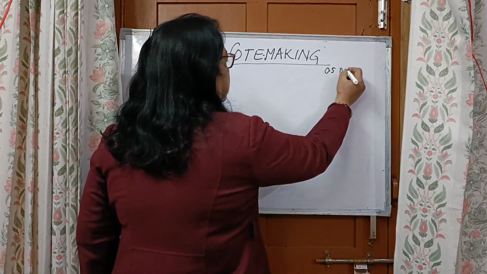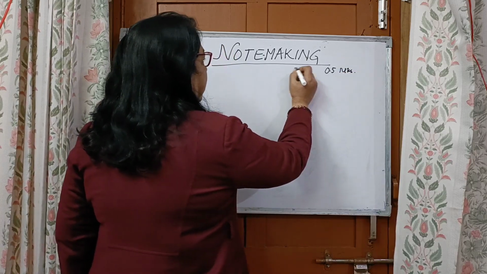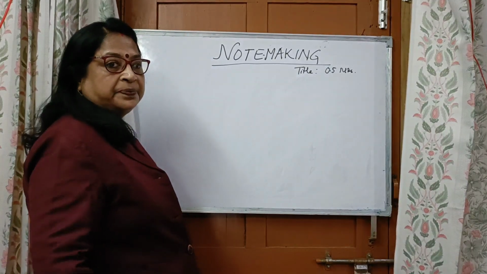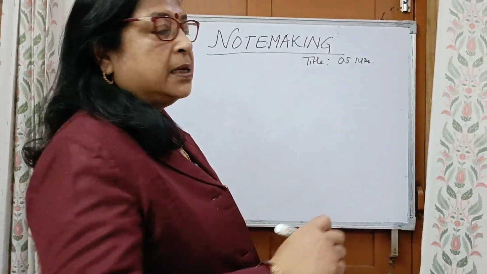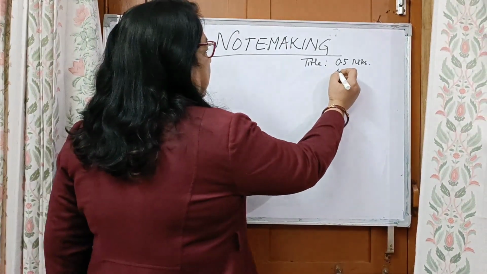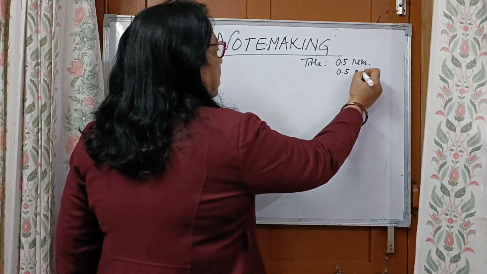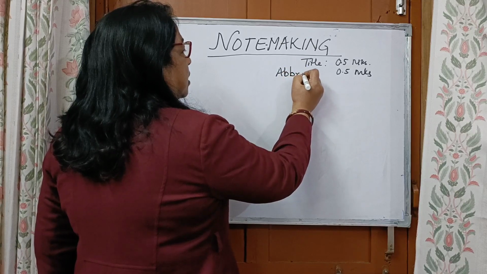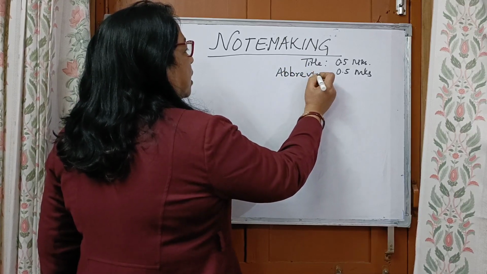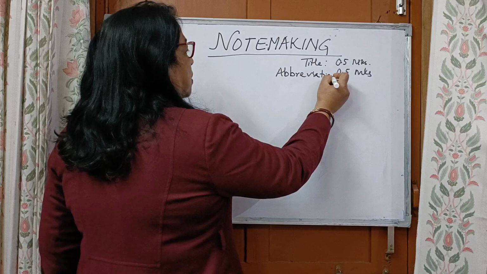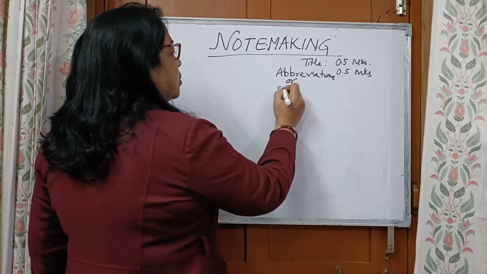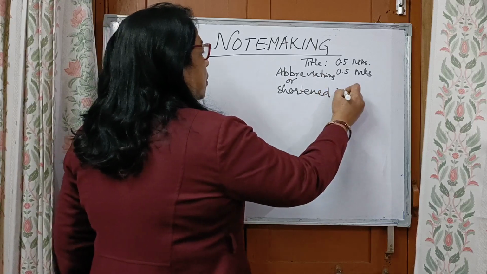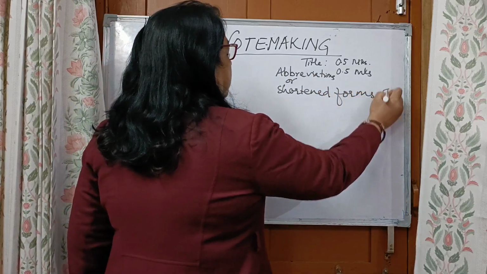0.5 marks. Then 0.5 marks are assigned for the abbreviations or shortened forms of words.